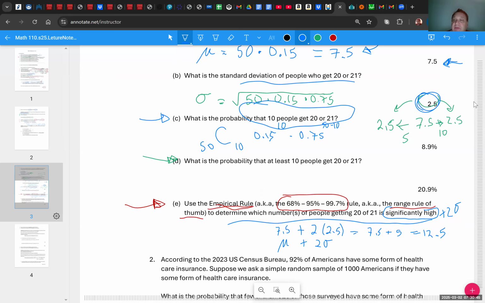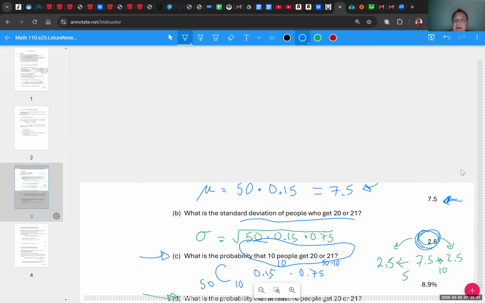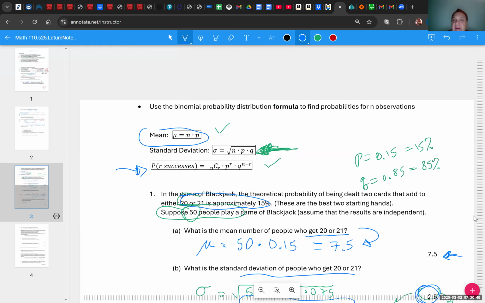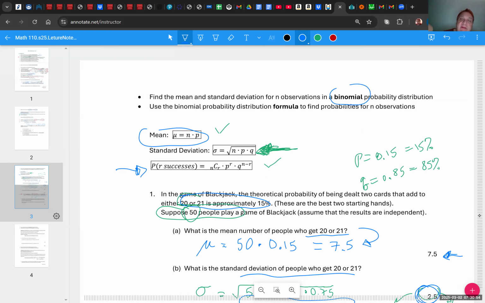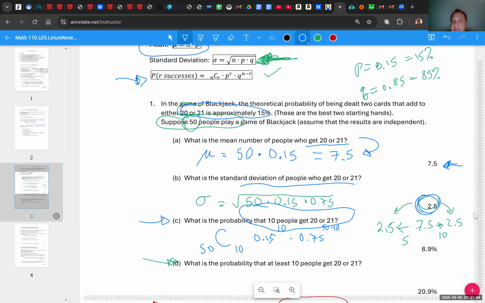The binomial distribution is the most important one, so make sure you know it. It is used quite a bit, and it's the main one of the probability distributions. The other ones come up, and I'll show you when they come up.